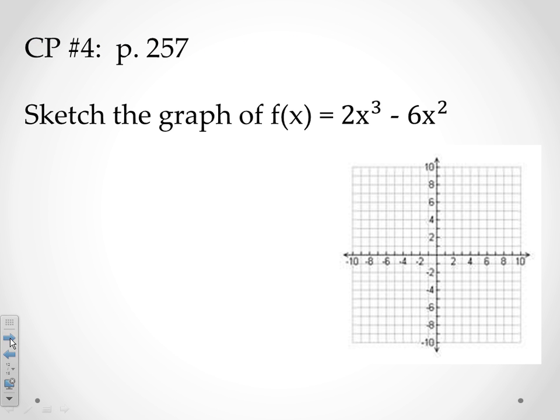Let's take a look at sketching this graph. First, figure out what the tendencies of it are going to be. The first thing I'm going to look at is degree. The degree of this is 3, which is odd. That tells me something.